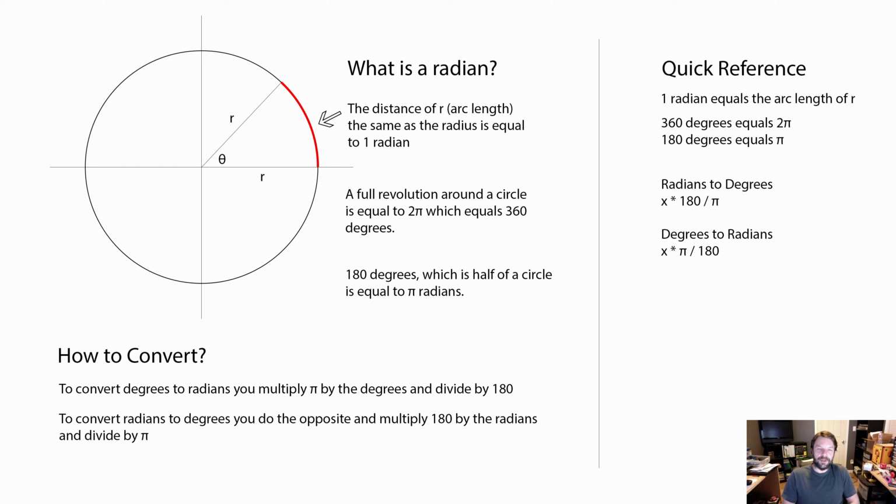If you're looking at a circle, you can tell exactly where 90 degrees is, or 180, or 270, or 360. But you may not be able to do the same thing with radians as easily. You may not be able to look at a circle and say, this right here is 1 radian, and that's going to give me exactly the angle that I want. It's a little tougher to understand visually.